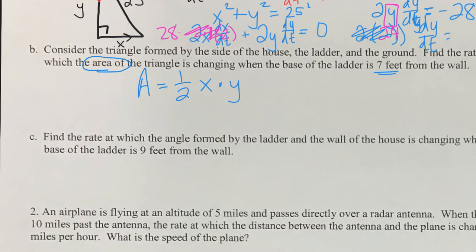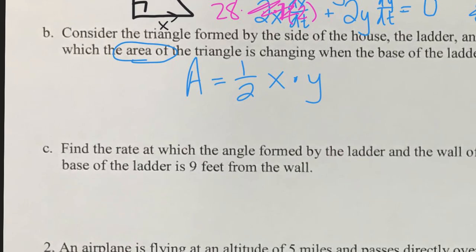Okay, so let us go ahead and implicitly differentiate this thing with respect to time. So, area becomes dA dt, excellent, equals 1/2 is our constant, so we can pull that out. Okay, and now we have x times y. So this is going to be a product rule differentiation.